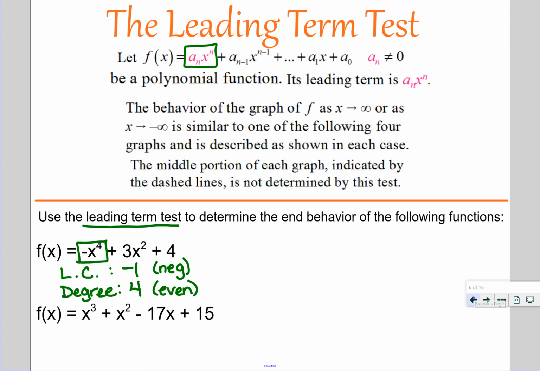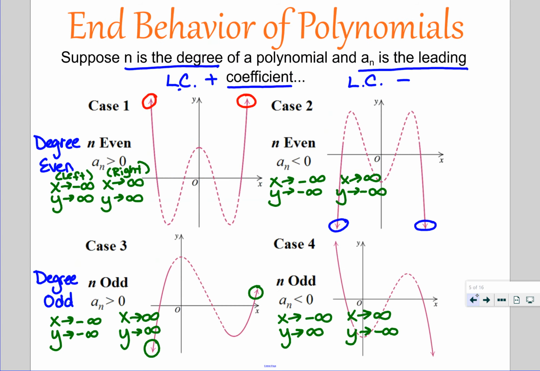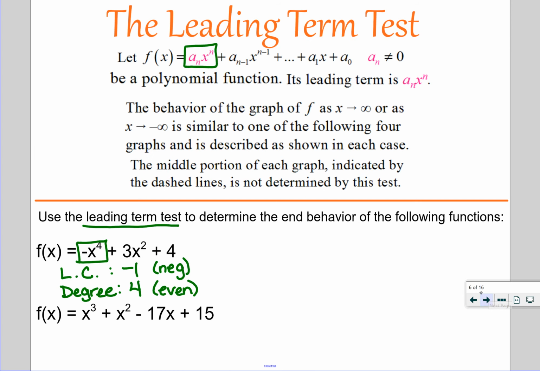So if we look back on the previous page to the 4 cases of end behavior, I want to find the one where the leading coefficient is negative and the degree is even, and that is case 2. So case 2 says, if that's the case, both ends are going to go down, and this is the shape that I would remember. It almost looks like a parabola going down. If you can, from negative and even, picture this shape, you can list the end behavior.